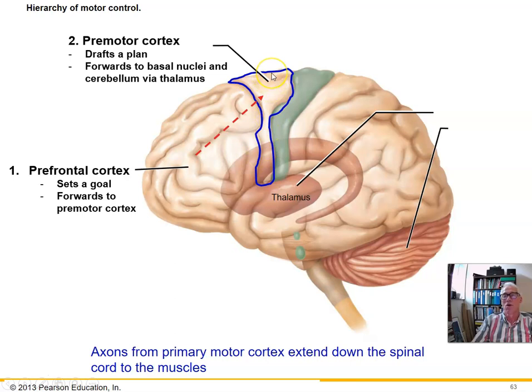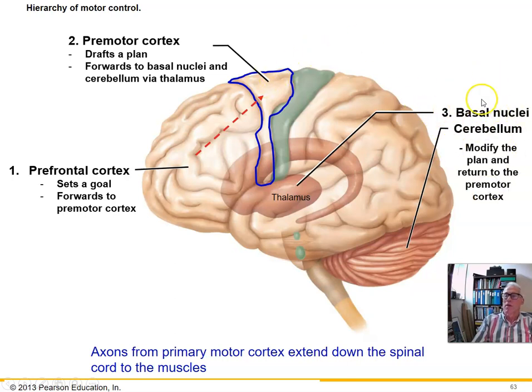This is a part of the cerebral cortex that will draft a plan of a series and timing of muscle contractions that would presumably allow us to reach the goal that we've set, but it's only a rough draft of a plan. The premotor cortex will then interact in a kind of looping fashion with the basal nuclei, see this sort of arcing structure, some deeper parts of the cerebrum, as well as the cerebellum, using the thalamus as a relay station to obtain a modified plan.